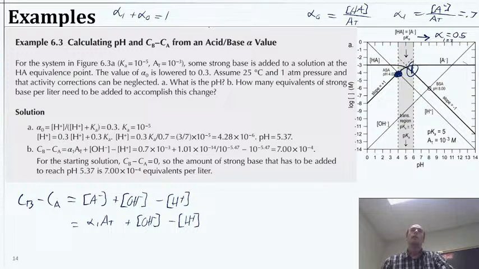I knew we moved to the right and had to go further than the pKa, because as we go all the way to the right, alpha 1 becomes approximately 1. So we're still in that transition zone. We're not quite at the point where it's basically 1, but we are definitely to the right of the point where they're both 0.5.